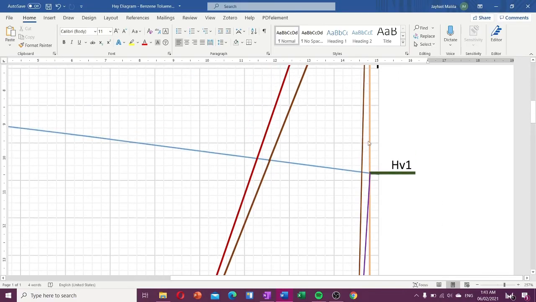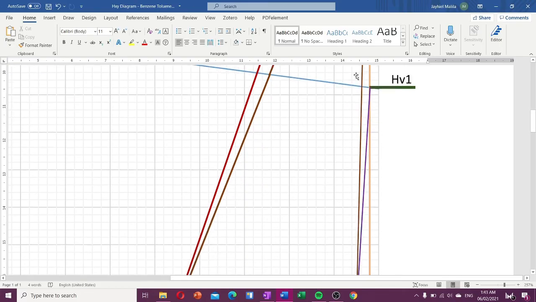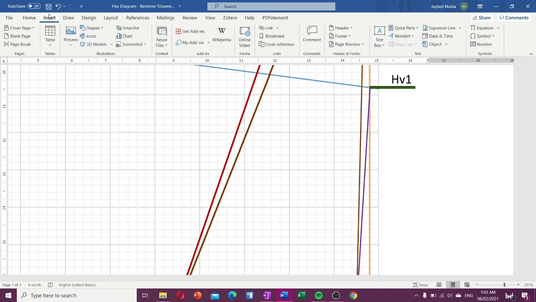We have located the point where the vapor composition of the exiting vapor stream in the second stage exits. So let us do the same thing again.